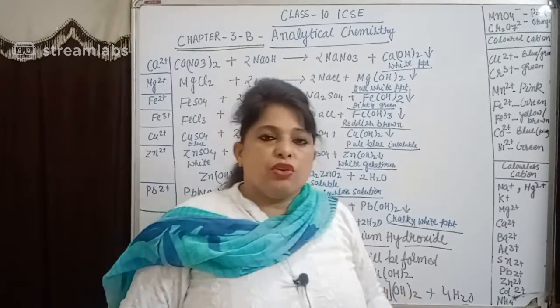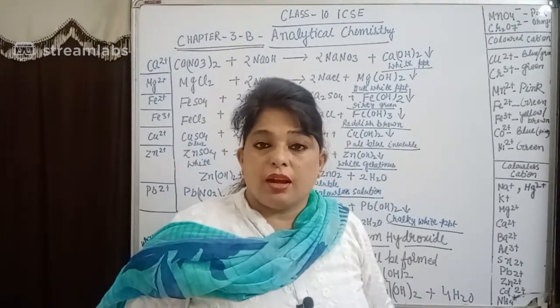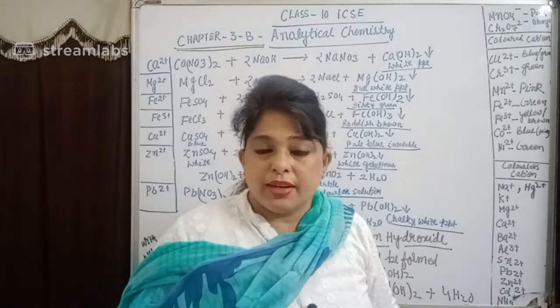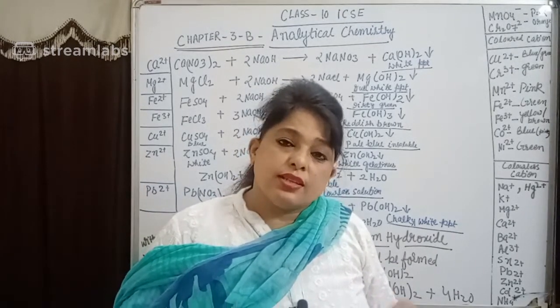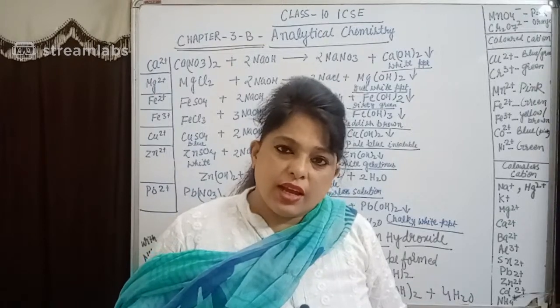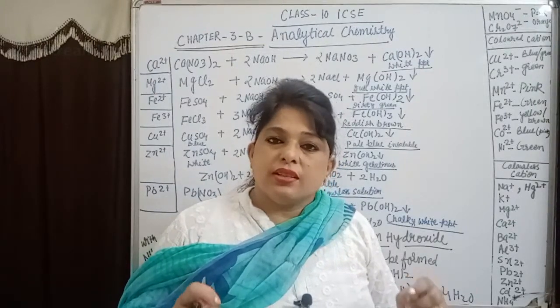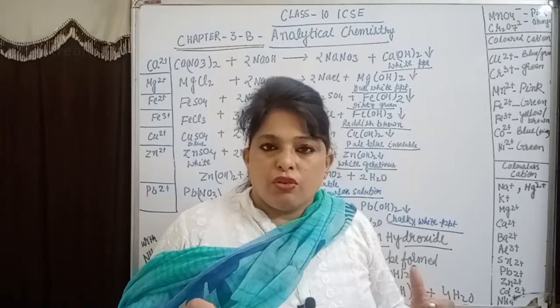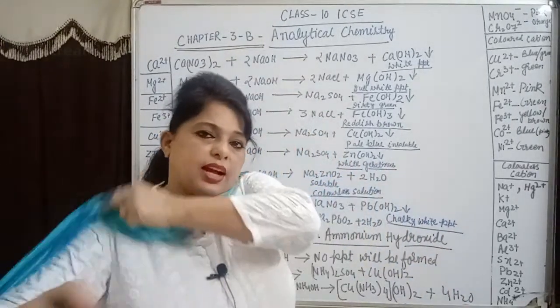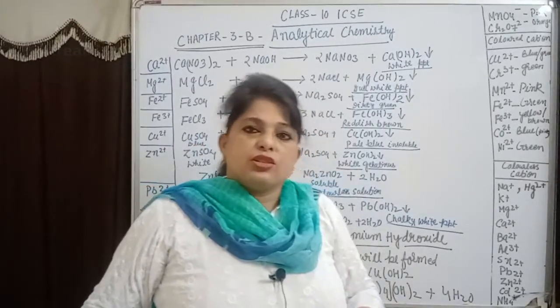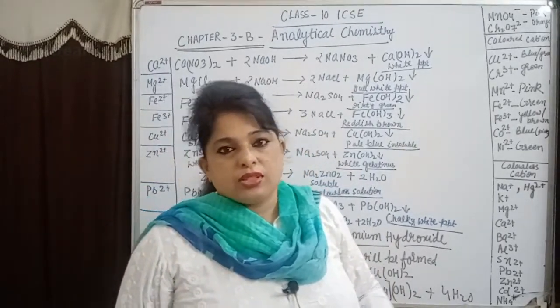In some cases you will observe that ammonium hydroxide is not able to precipitate some substances, but if you are using sodium hydroxide, since it is giving more number of hydroxide ions, it can help us in the precipitation of the following substances. So let's see the reaction. We have already understood the nature of sodium hydroxide.